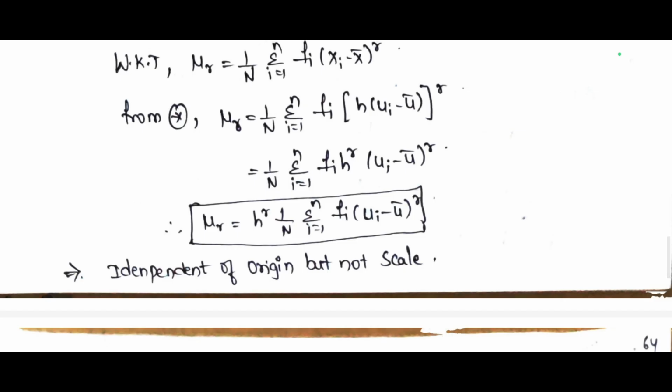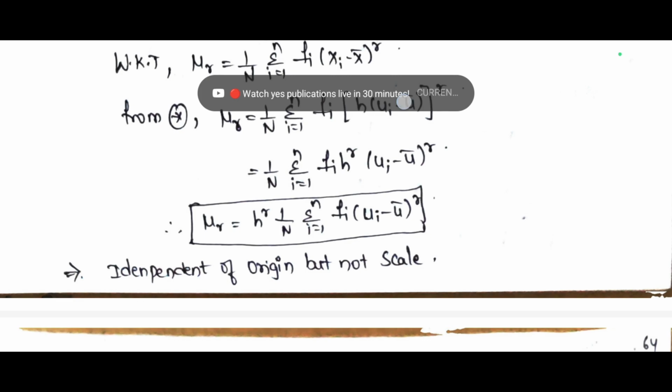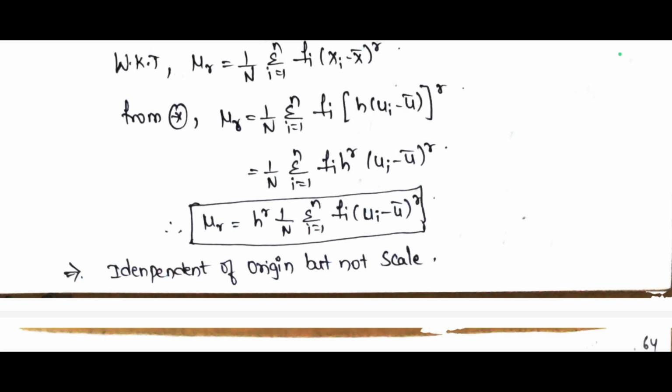Now taking out h to the power of r, we have h to the power of r and 1 by N summation i runs from 1 to n fi into (ui minus u bar) whole to the power of r.